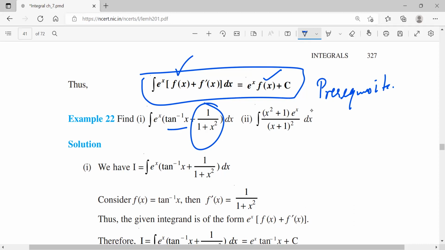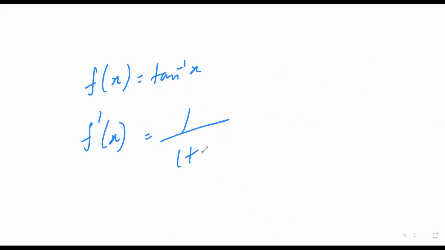The integral of e power x into f of x plus f dash of x dx is equal to what? E power x f of x. So my f of x is tan inverse of x. And what is the differentiation of tan inverse of x? 1 by 1 plus x square. For those who are unable to get it, my f of x is tan inverse of x, and f dash of x, in the sense the differentiation of tan inverse of x, is 1 by 1 plus x square.